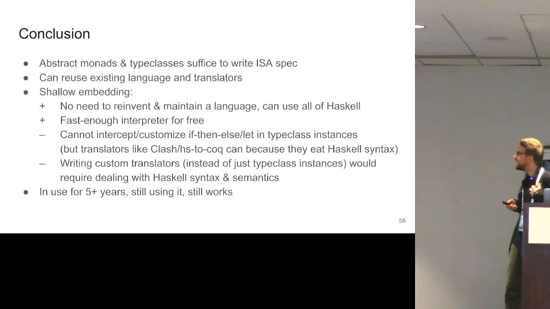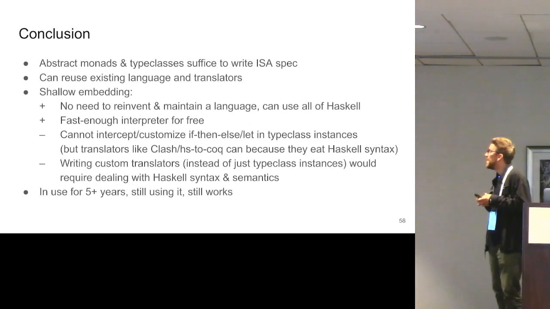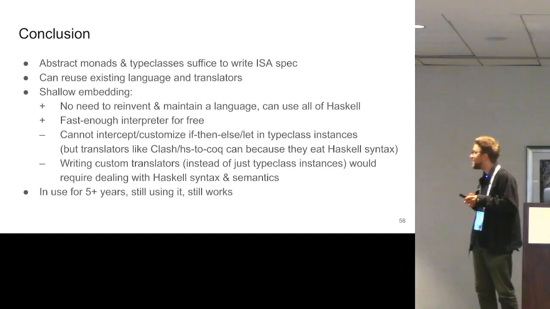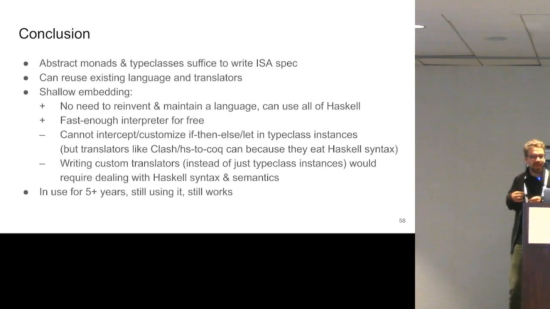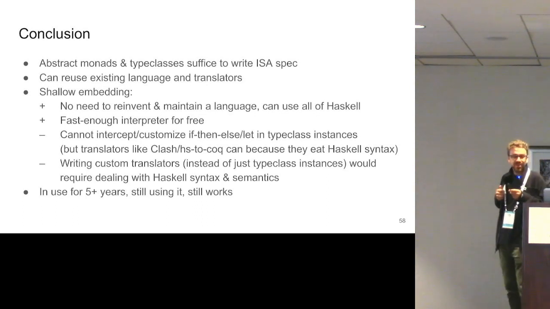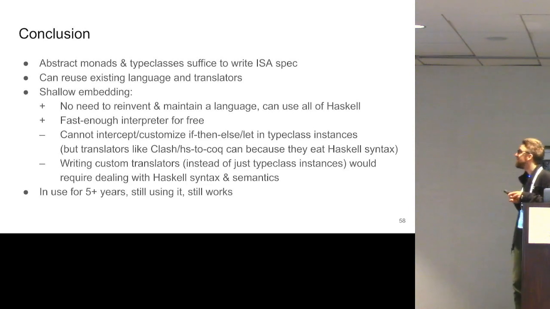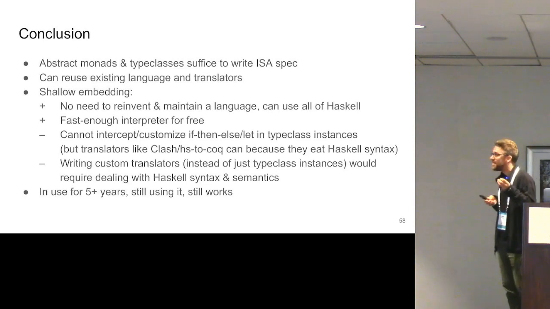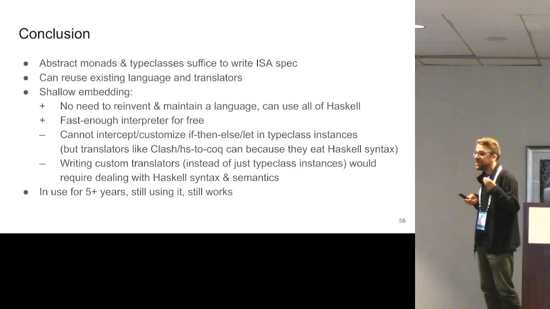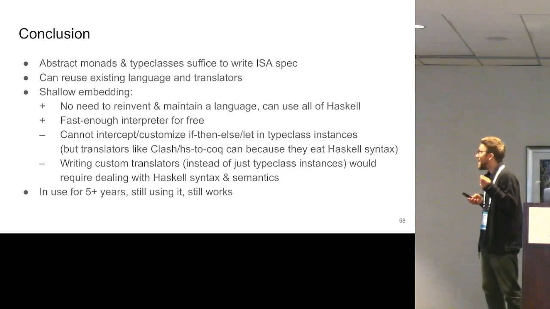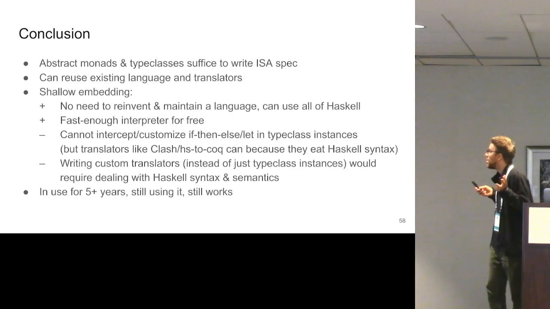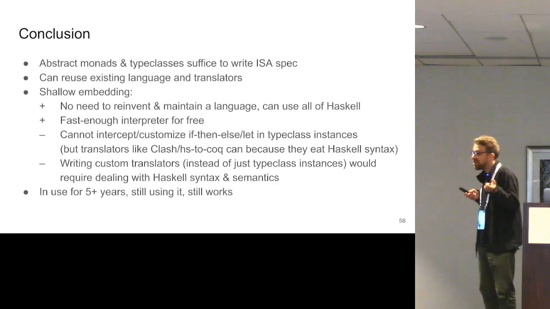So to conclude, abstract monads and type classes suffice to write an ISA spec, and you can reuse existing languages and translators, and the shallow embedding that we're using means that we do not need to reinvent and maintain a whole language. Instead, we can just use all of Haskell, and we get a fast enough interpreter for free.